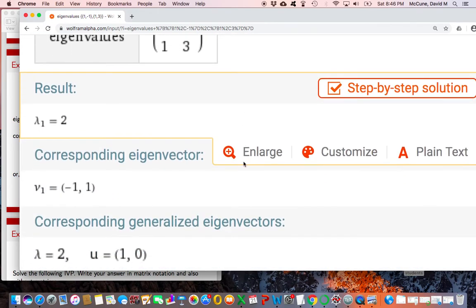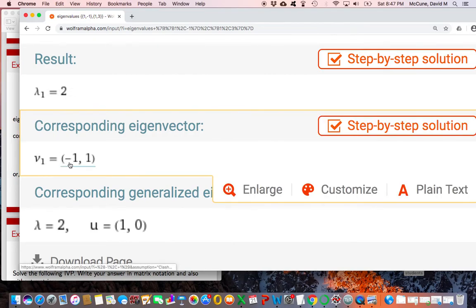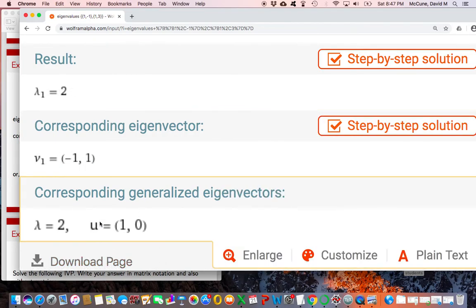Okay, Wolfram says this. Result, only a single eigenvalue. There's its eigenvector. Oh, here's a generalized eigenvector, it calls it. So Wolfram just gives that to you.